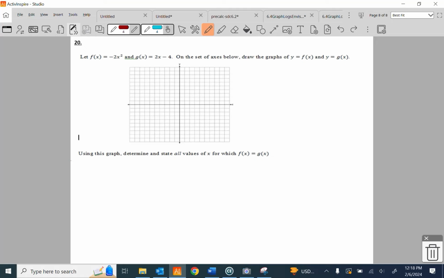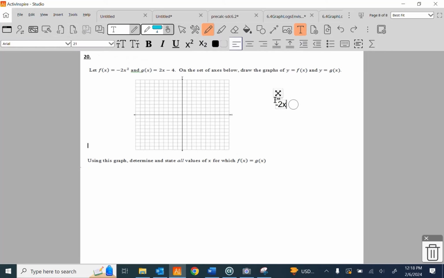You're supposed to know what -2x squared looks like. -2x squared has vertex at 0, 0, and initial slope -2, and it looks like a U. In this case, it's upside down because of the negativity.